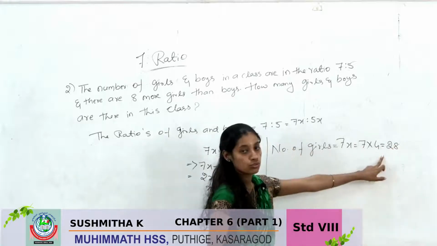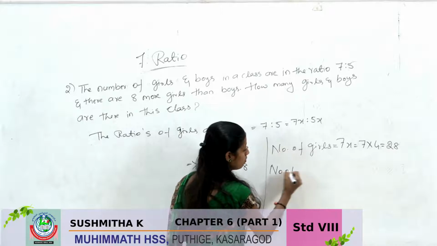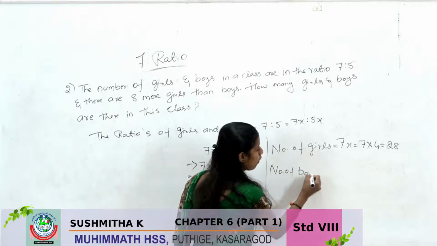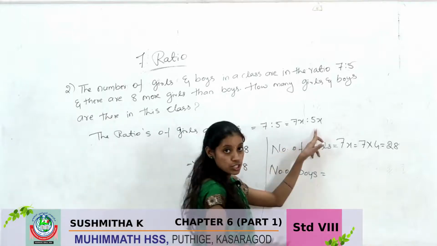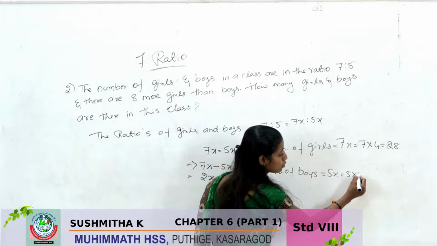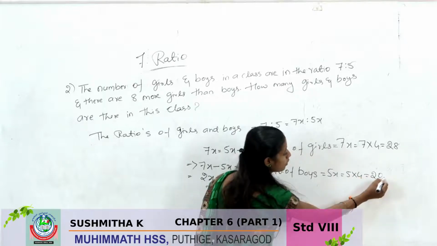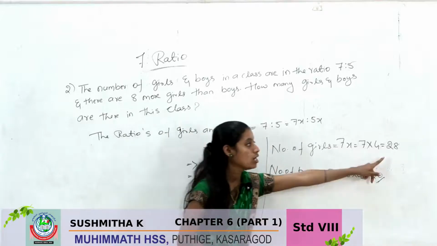So 7 into 4 is equal to 28, and also the number of boys is equal to, the ratio is 5x, so 5 into 4 is equal to 20. So the number of girls and boys are 28 and 20.